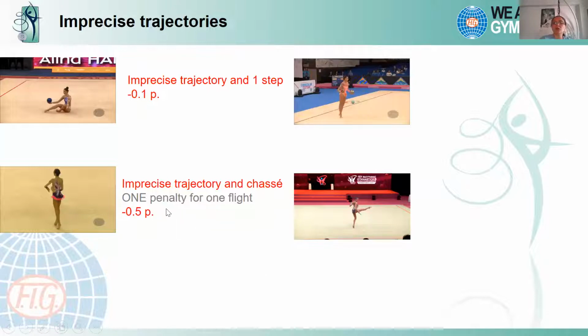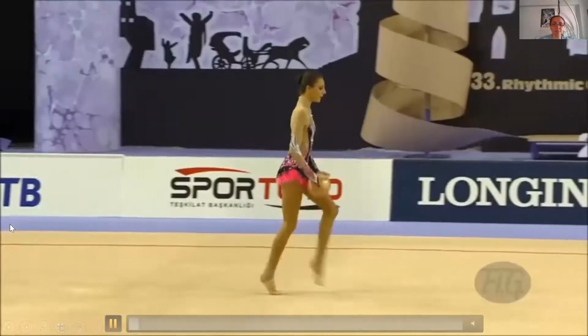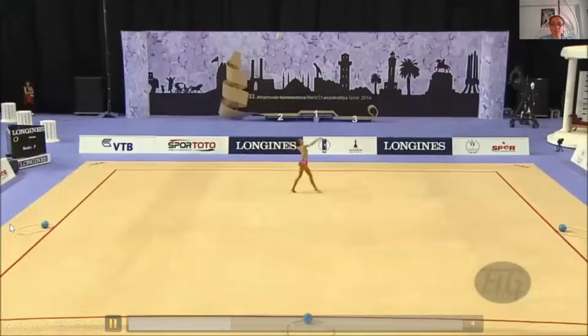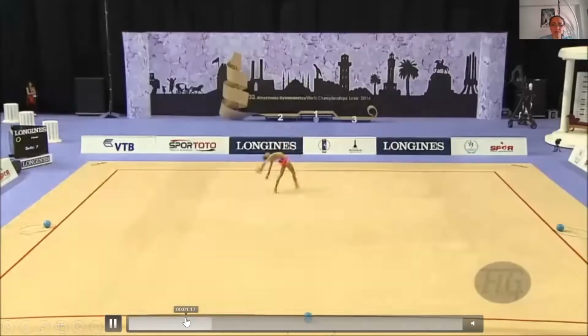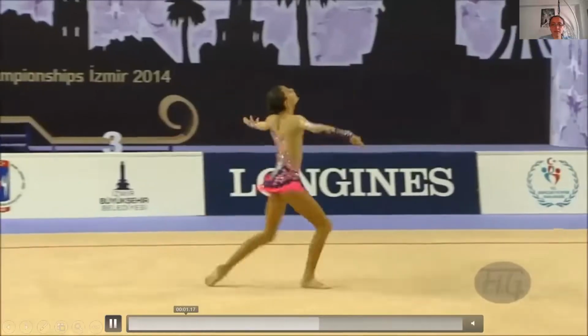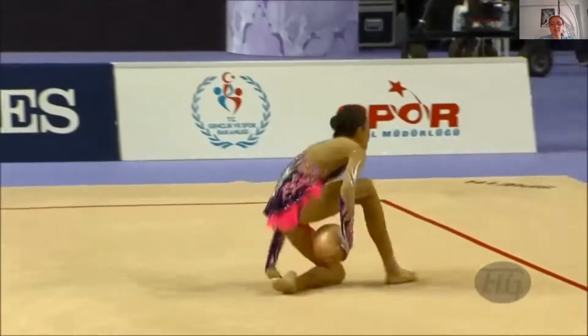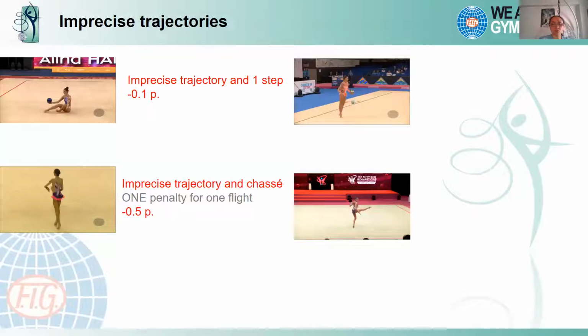So it's only 1 time penalty, because if you see in the middle, she took a chassé, and in the end, she took 1 step to adjust her body position. So this is a 0.5 penalty. Check it one more time. Only look, here was a chassé. And here is 1 adjustment. So it's only 1 time penalty in this element, 0.5.